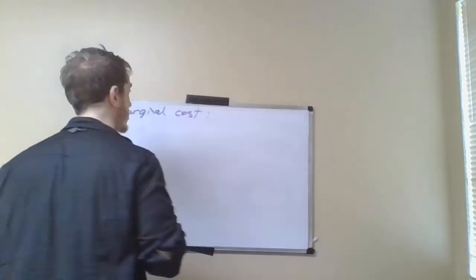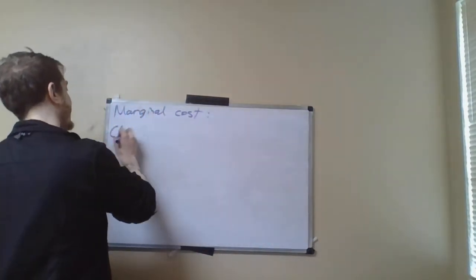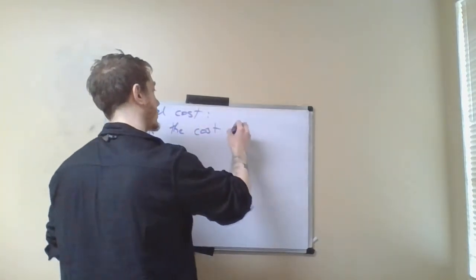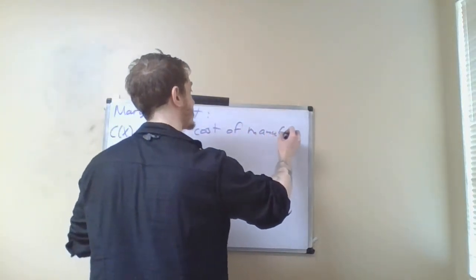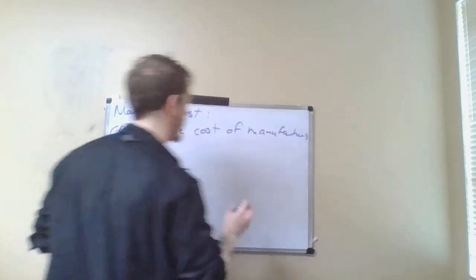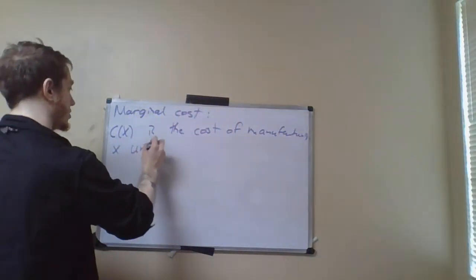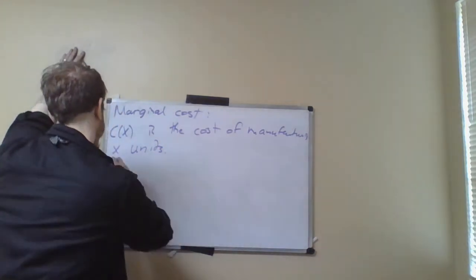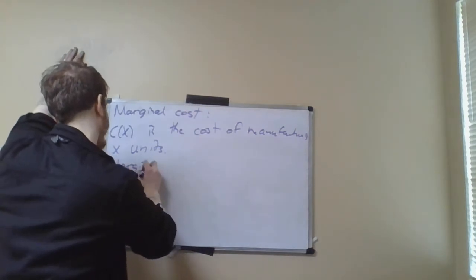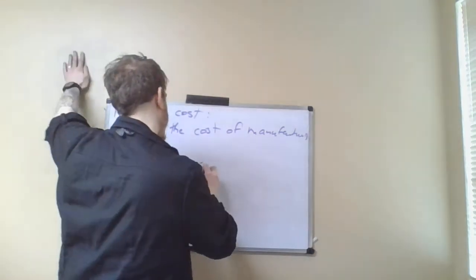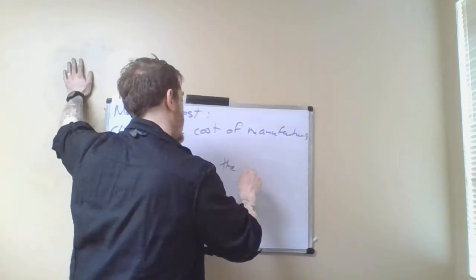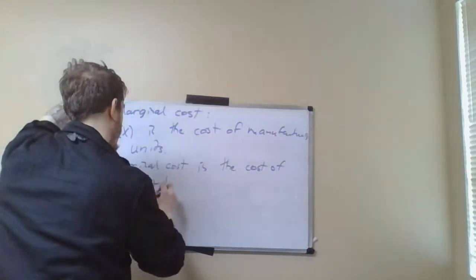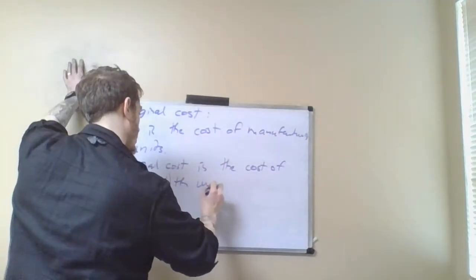And to explain what marginal cost is, let's suppose that C of X is the cost of manufacturing X units. Then the marginal cost is the cost of the X plus 1th unit.